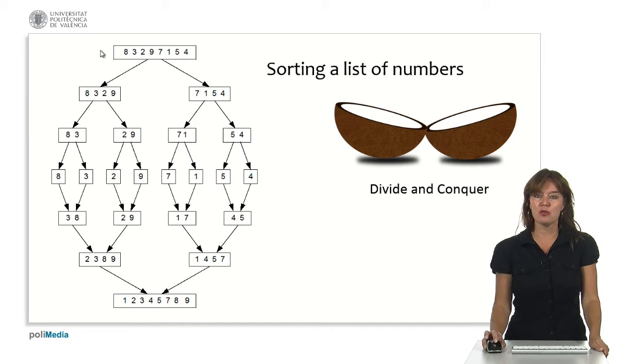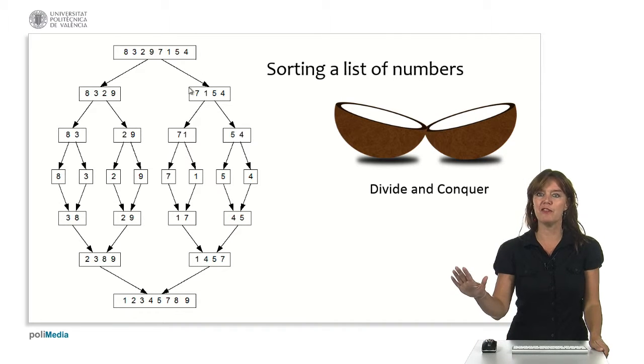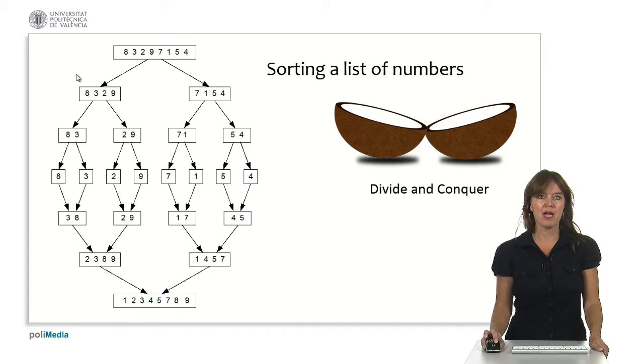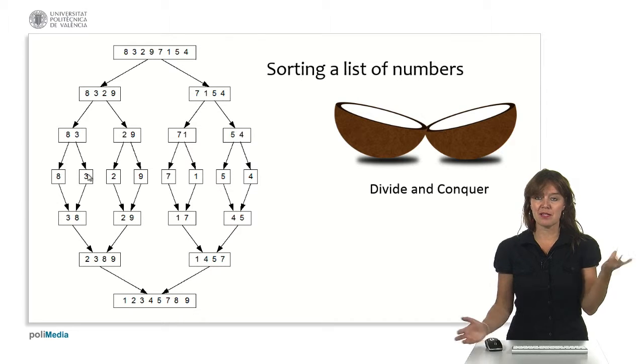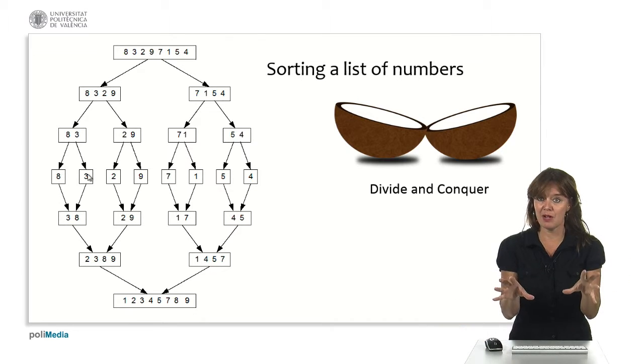We divide this into two smaller sorting problems. Sort the first 4 numbers and sort the last 4 numbers. And we divide more. Where we have 4, we divide again in 2 and 2. And we divide more, and we divide in 1 and 1. So sorting lists with one element is simple, because it's just that one element.